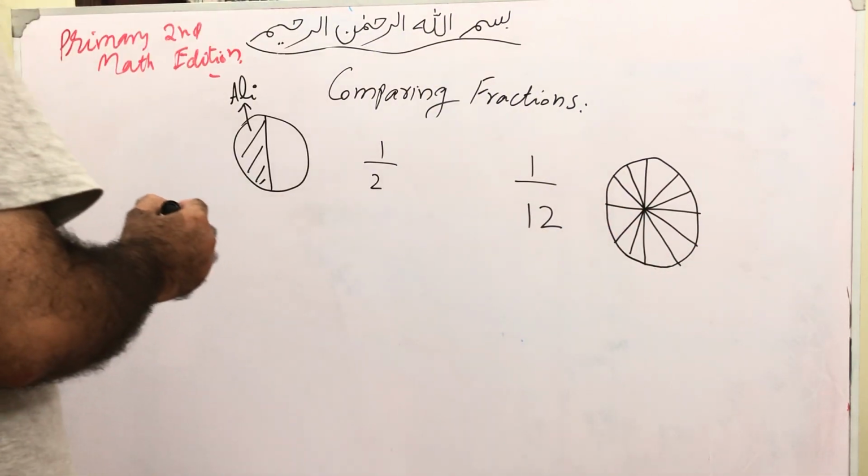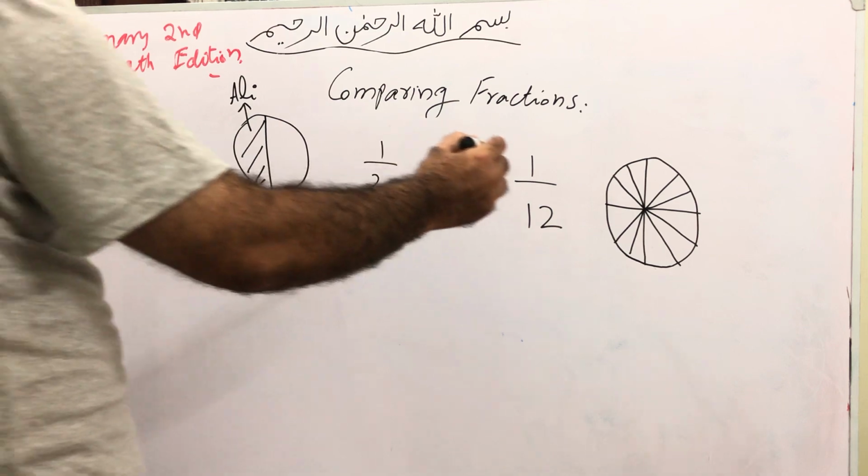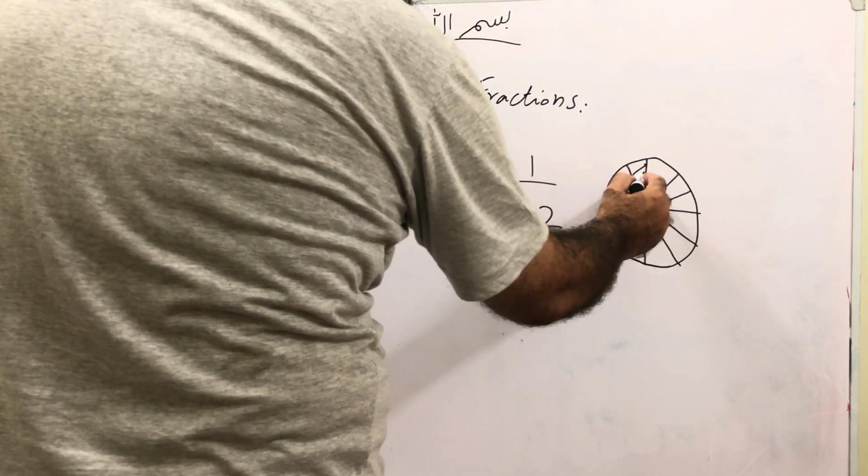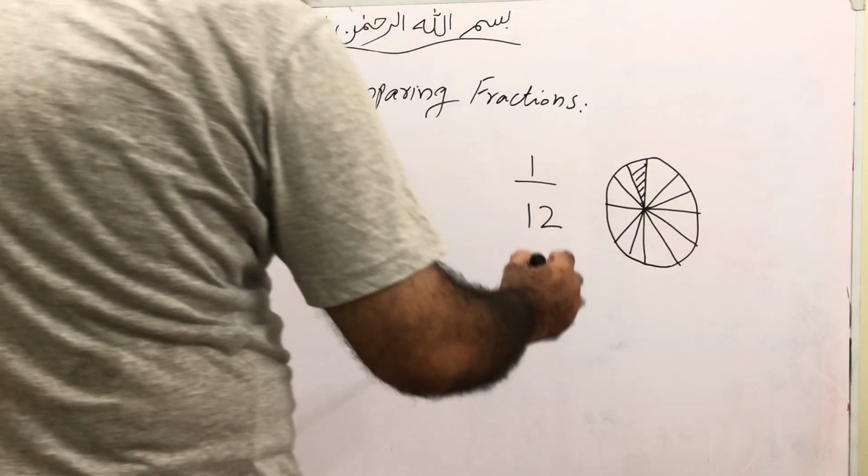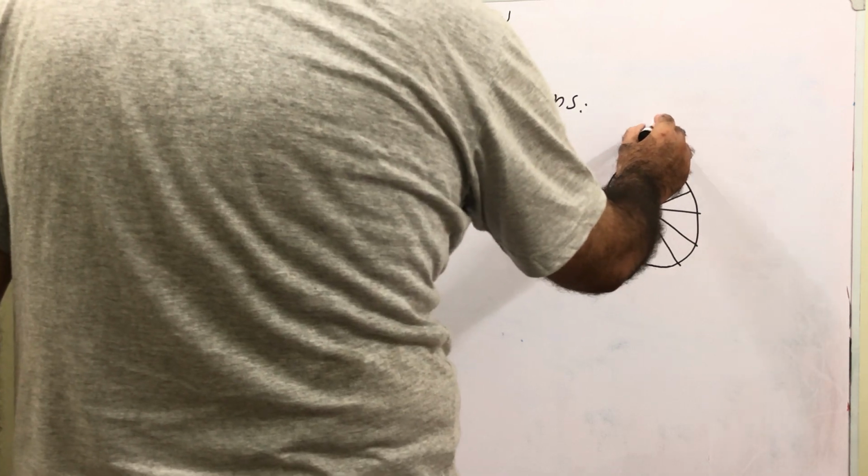These are the 12 parts. So here Ali gets only one part. This is Ali's share.